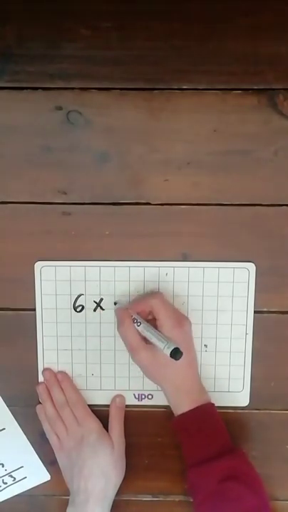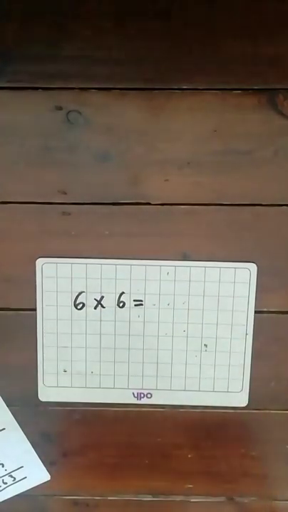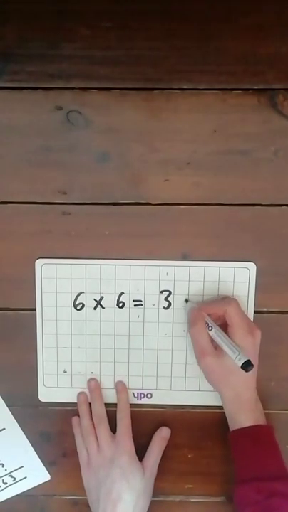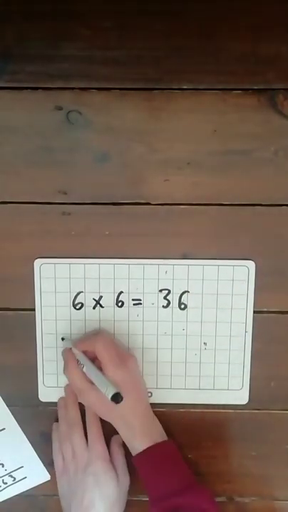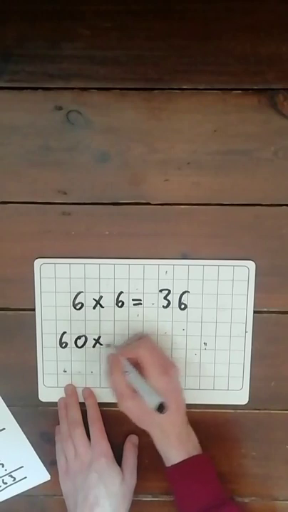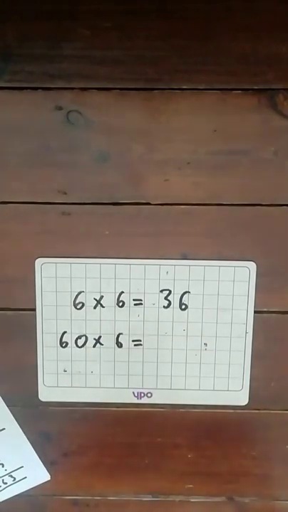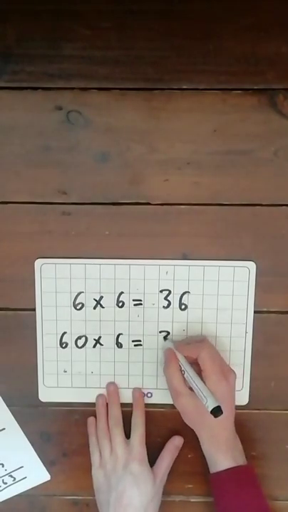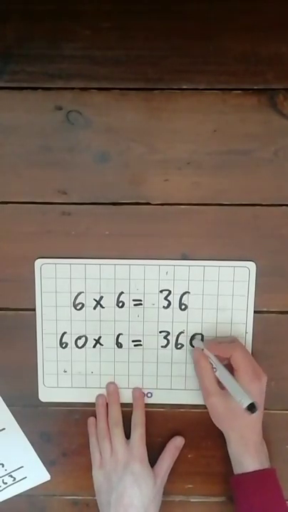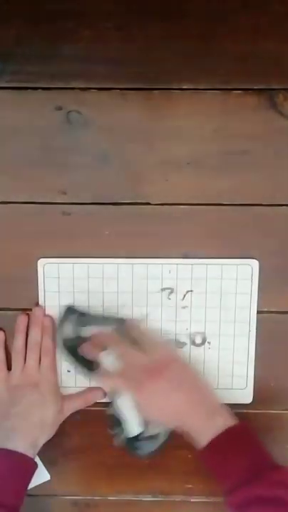So, 6 times 6, I'll give you some thinking time. 36. 60 times 6. That should be relatively quick for you guys. 360. Let's just do one more. You'll notice it's 10 times bigger.